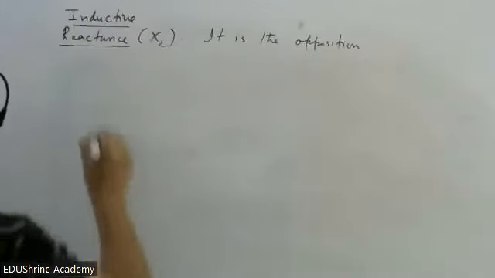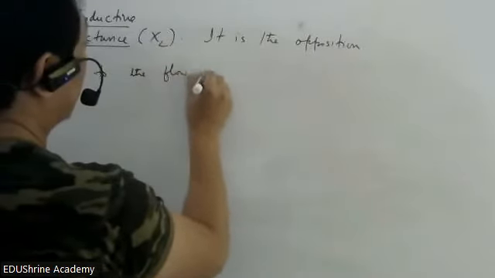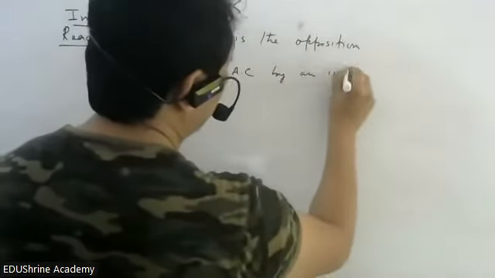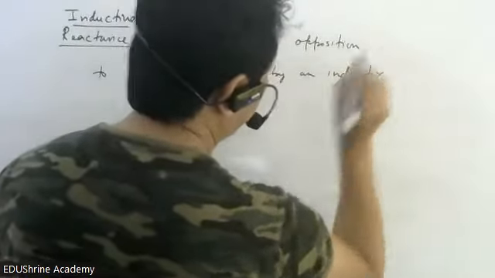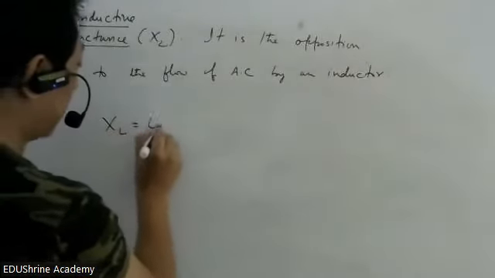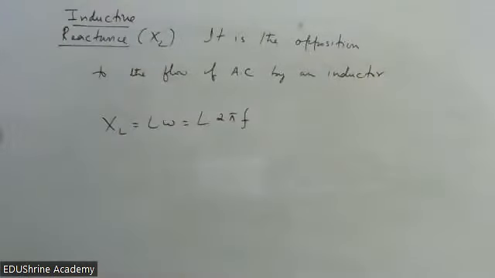It is the opposition to the flow of AC by an inductor. That's it. Its formula is L omega, in terms of frequency, 2 pi f.